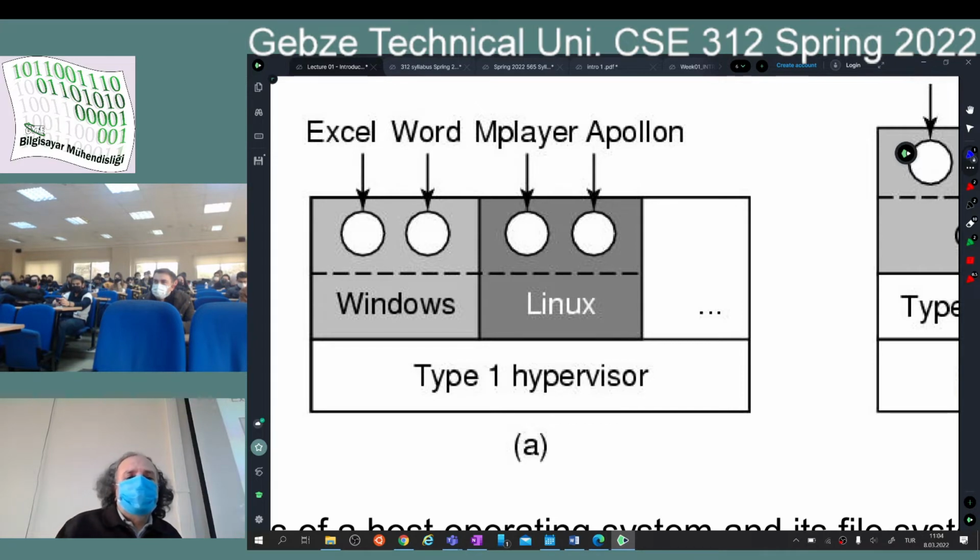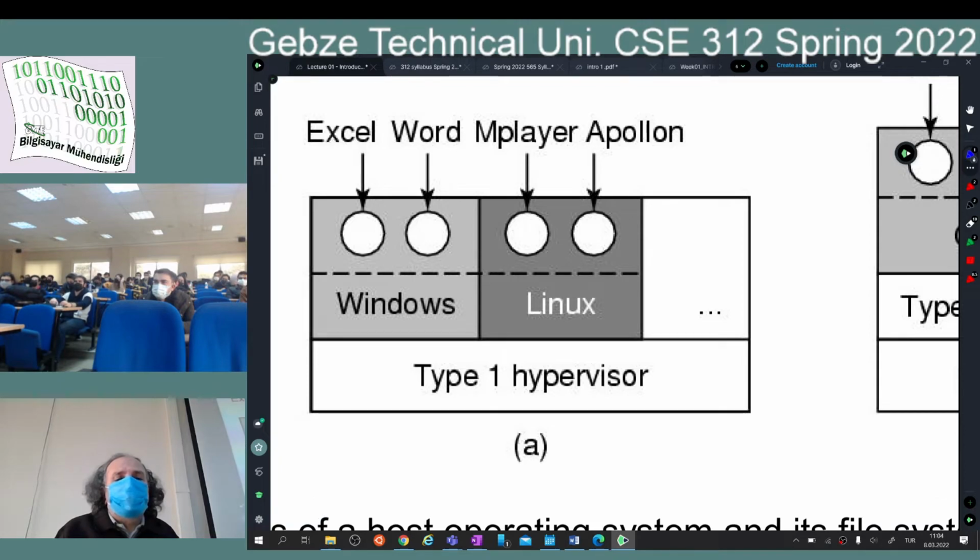This Windows operating system works and it supervises all these processes. But if you put one more layer of management, this one becomes a hypervisor, not supervisor, but hypervisor. So this one is type 1 hypervisor.